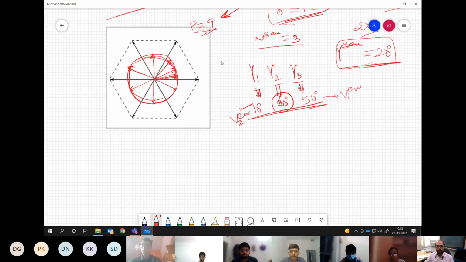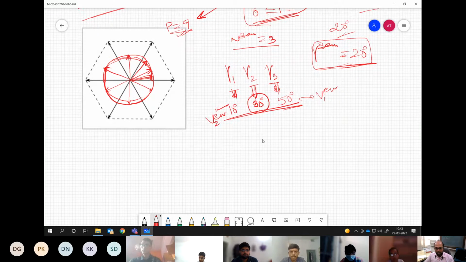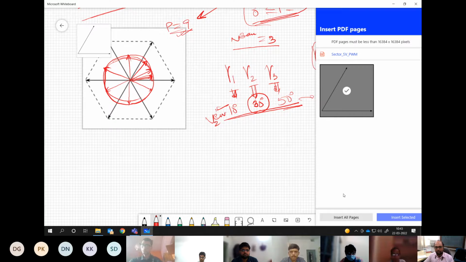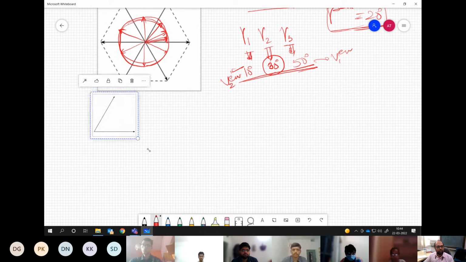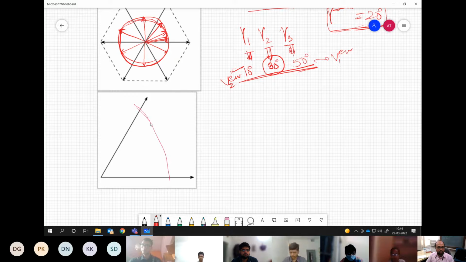So now, once we have these angles, we can locate the samples in the sector in a better manner. Say this is our sector 1. Certainly we have a sample located at gamma equals 30 degrees.